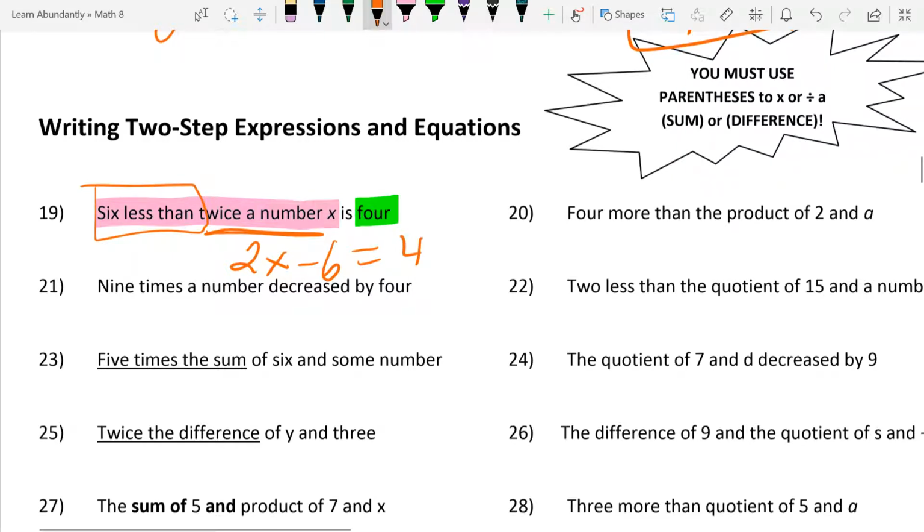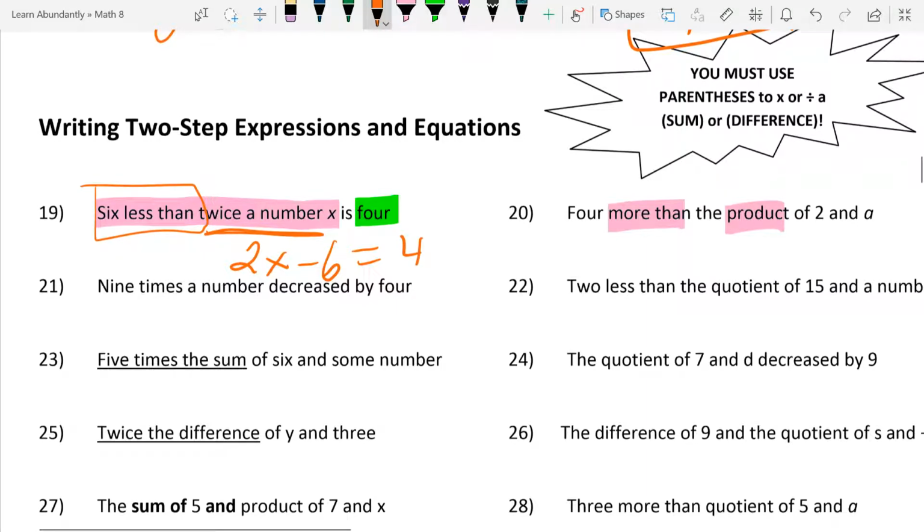On number 20, you have 4 more than the product of 2 and a. I don't have an equals on this one, but I do have a more than, and I have the product. When I try to do this, I'm going to do the part that's closest to my a first.